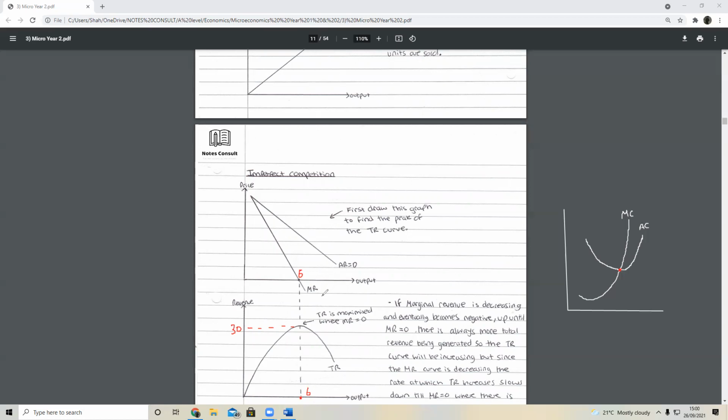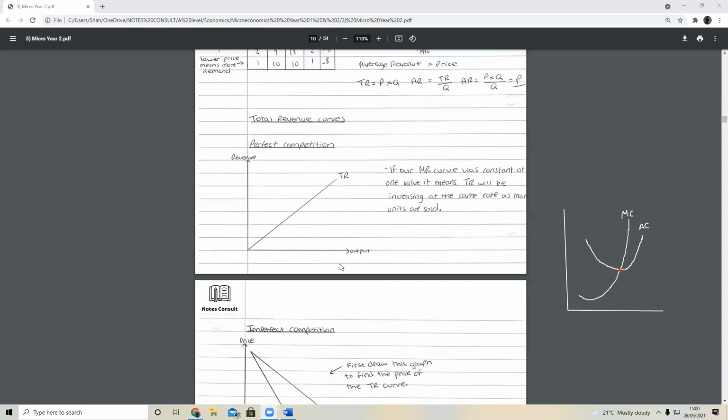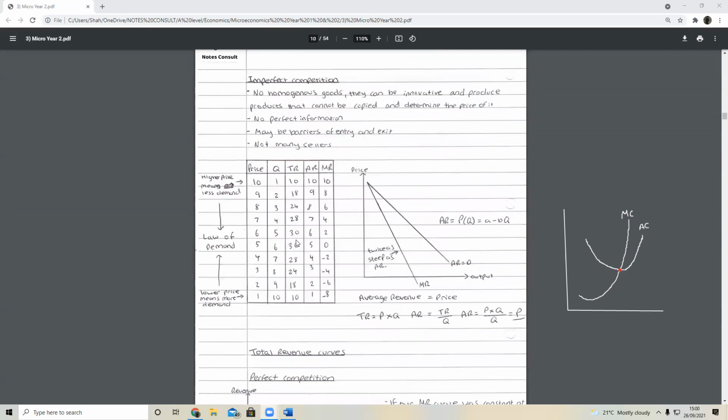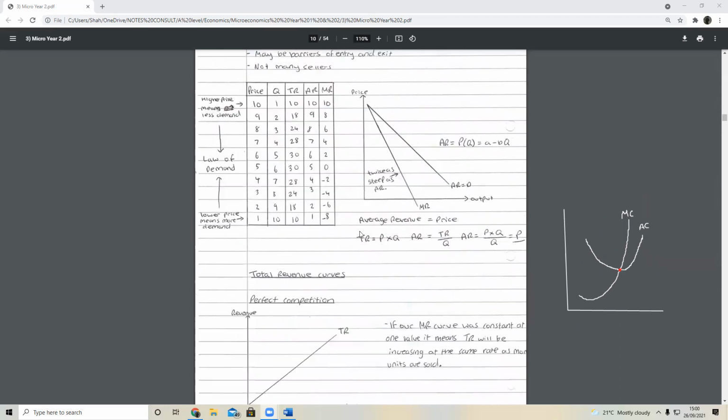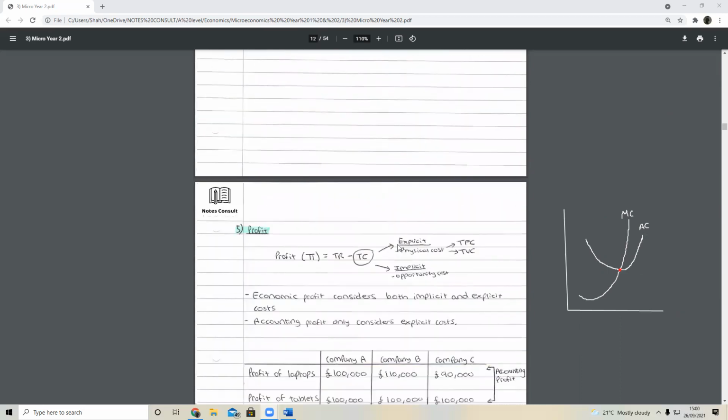Revenue maximization is literally just looking at what's the maximum amount of money I can get. The maximum amount of money I can get is at 30, and that's what we saw on the table. So at 30, we can't go beyond that. We can only go lower now. You get it? Yeah. Okay, cool.